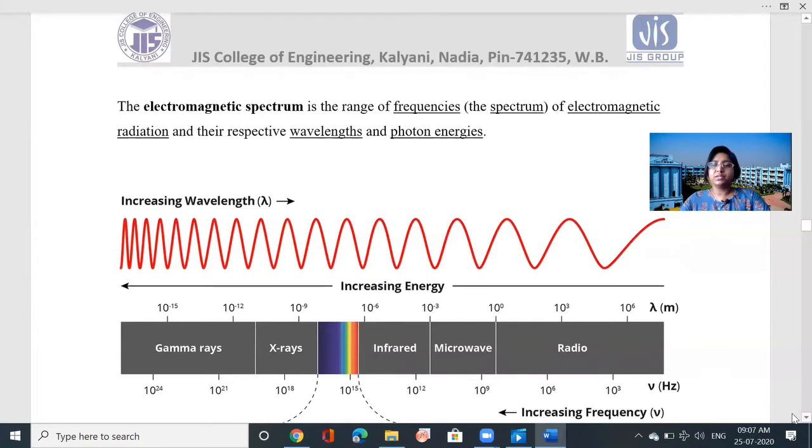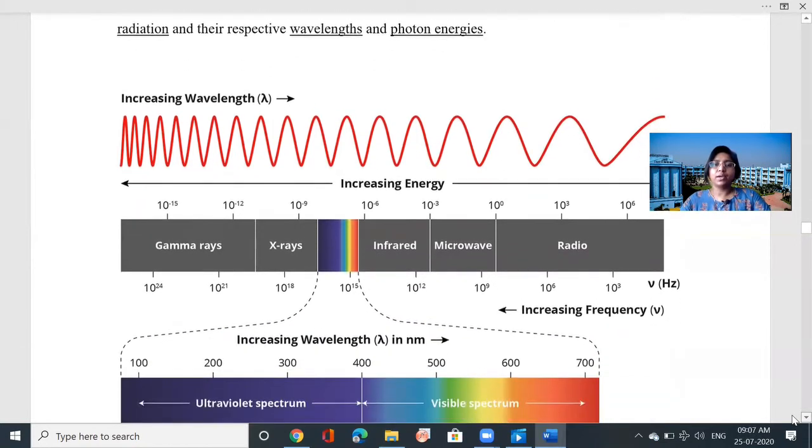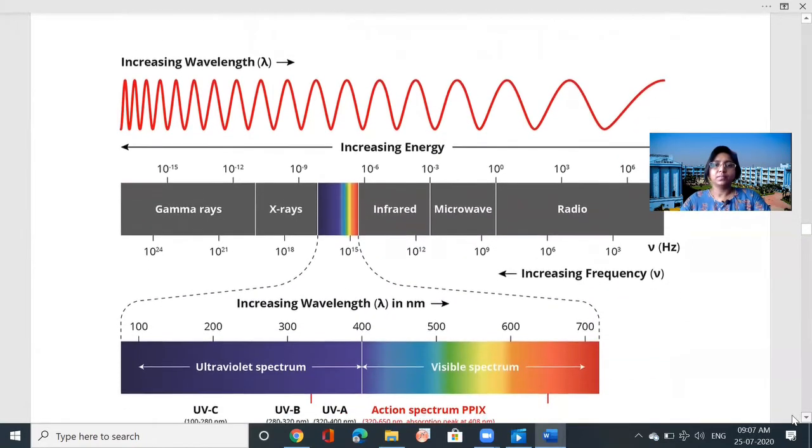Observe this: the wavelength is increasing as we move from left to right. There are different types of electromagnetic radiation like gamma rays, X-rays, ultraviolet rays, and the visible spectrum.